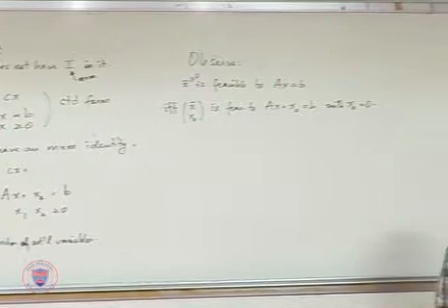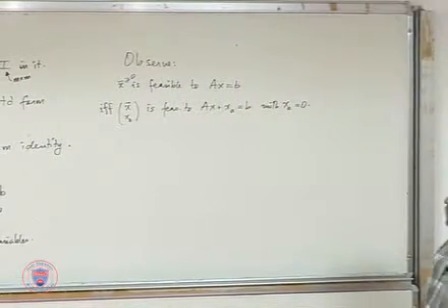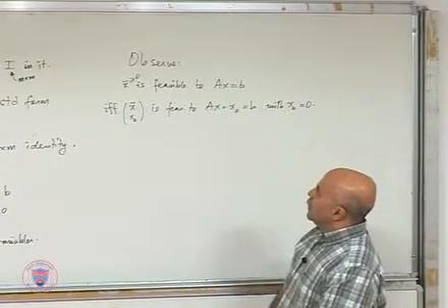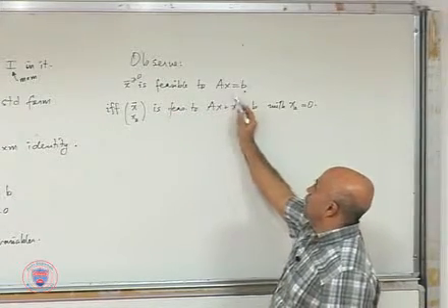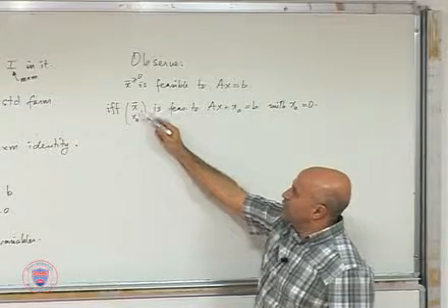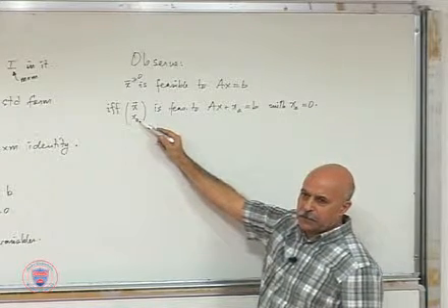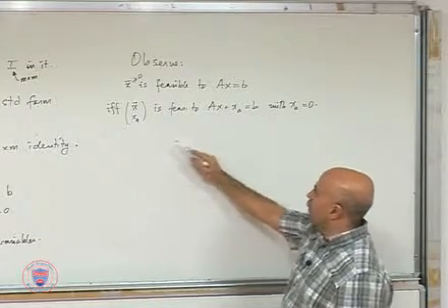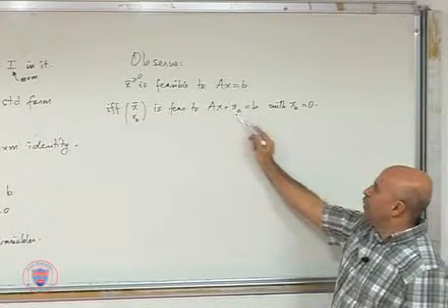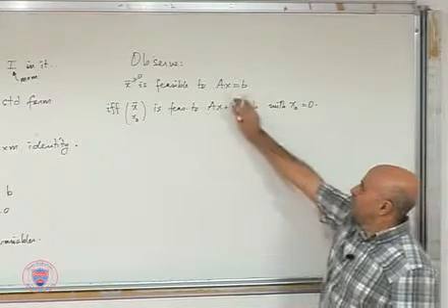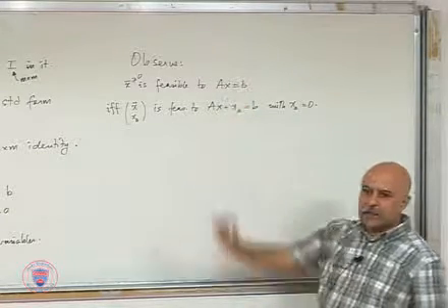Okay, let's just write it that way. So, whenever X bar is feasible to AX equals B, it should be the case that the extended vector with X_A included is feasible to the new system with X_A equal to 0, so that AX equals B is satisfied.